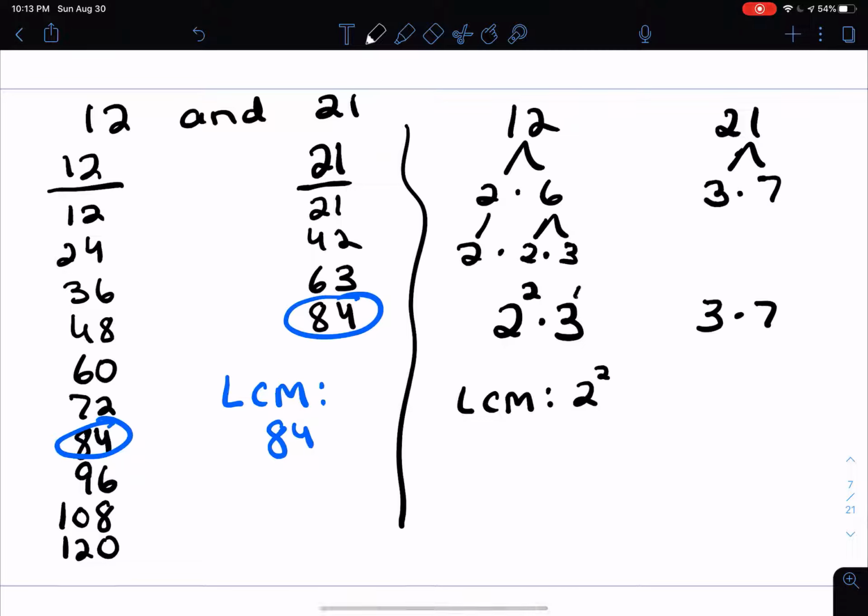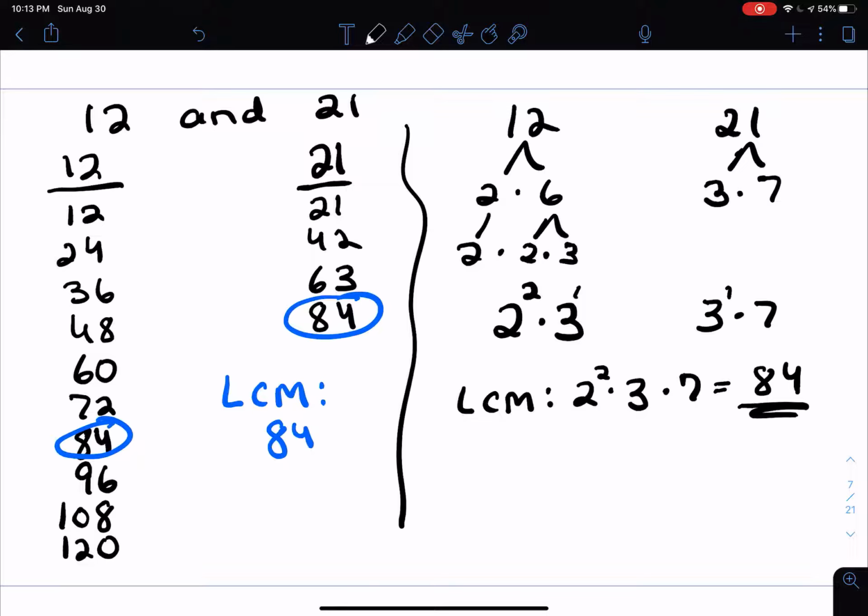That's 3 to the first, so we'll just use a 3. 7 only pops up in one of them, but you go ahead and use it. So if you take any unique prime numbers and, if you see them appear more than once, go with the lowest exponent, and then multiply all that together, you get the same result. So it works.